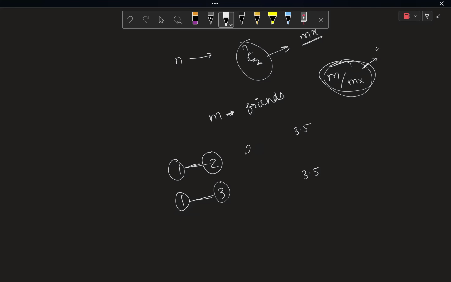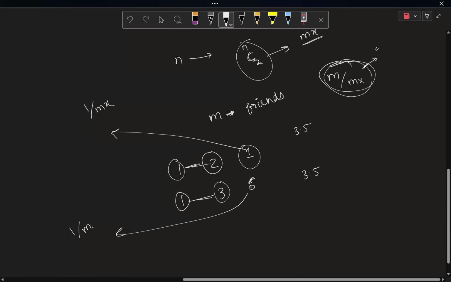And one assumption I made here was that even if the friend values were like this or were like this, it doesn't really matter, because eventually the probability of this guy coming is nothing but 1 by mx, and the probability of this guy coming is also 1 by mx.